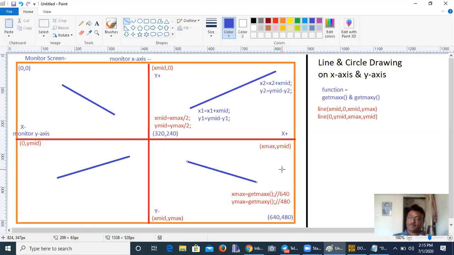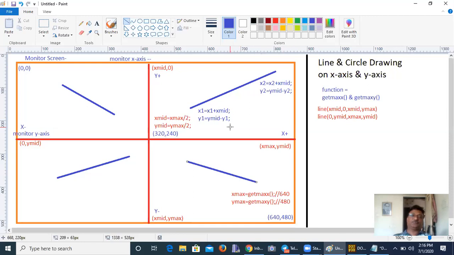So the user has freedom; the user may enter positive or negative values. You are the programmer, you have to adjust that point and print the line as per user requirement.